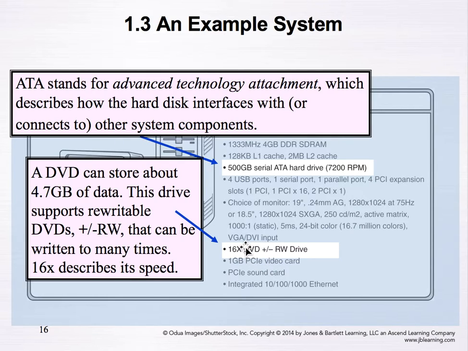It has the capability of reading and writing multiple times to the DVD disk. And the number 16 right here denotes the speed of the read and write of the DVD.